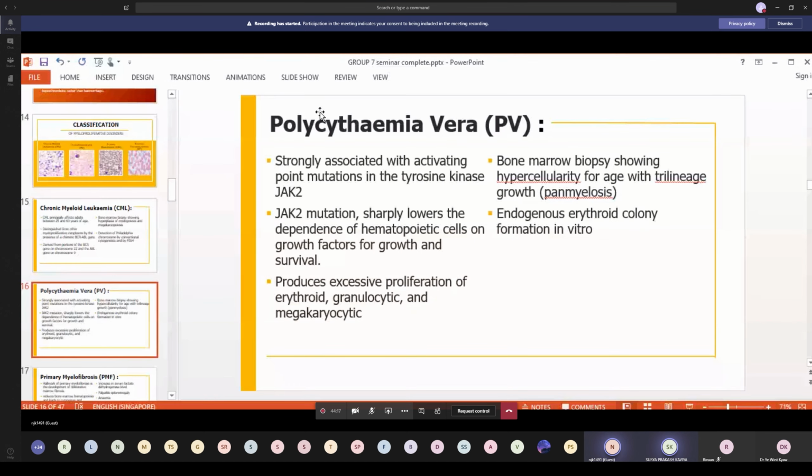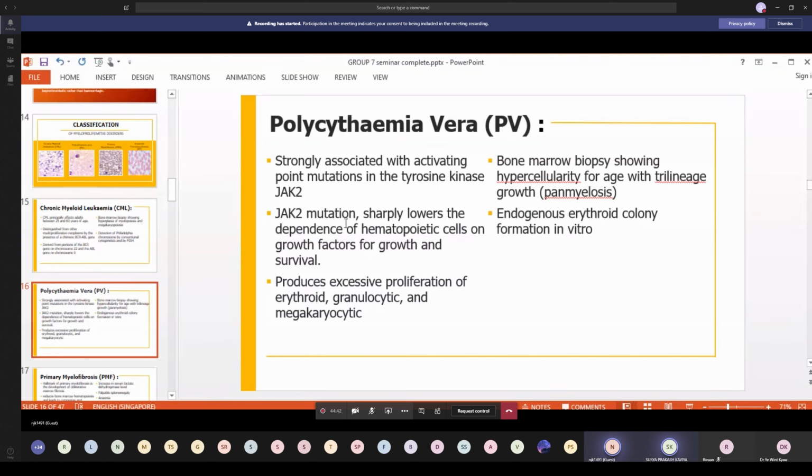The second one is PV, polycythemia vera. Just now was CML, right? This one is PV. Now, for PV, you look for JAK2. Remember JAK2, this is a commonly asked question. It's linked to tyrosine kinase.